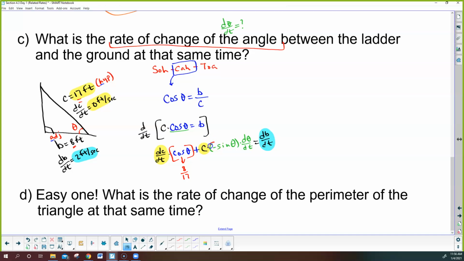And then the sine, isn't sine just the opposite over the hypotenuse? Well, we do need to know this opposite then if we're going to do that, because the opposite side we found in the earlier problem as 15. So this ratio is 15 over 17.